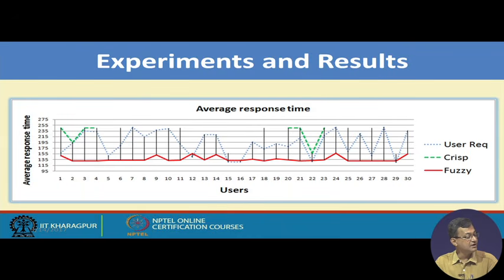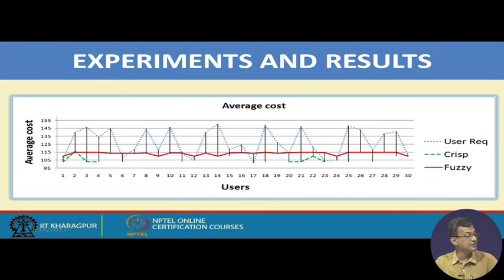Similarly, this is on the average response time over a particular period, in this case 30 days, and how the overall performance looks with fuzzy, CRISP, and the user requirement. Similarly, this is the average cost of a particular instance.